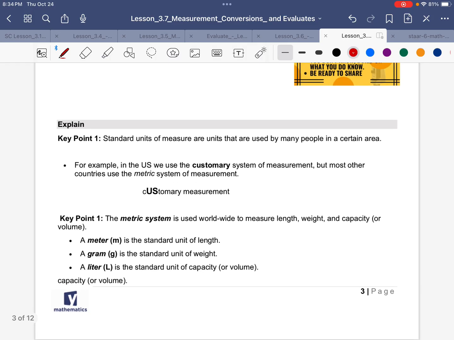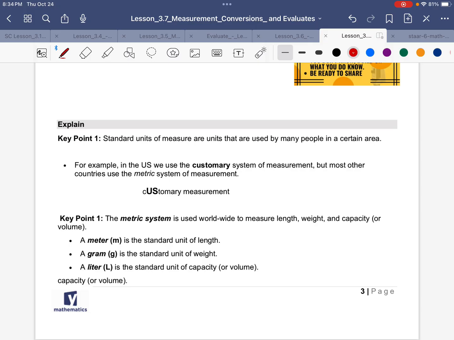So key point 1, standard units of measure are units that are used by many people in a certain area. For example, in the U.S., we use the customary system of measurement, but most other countries use the metric system.